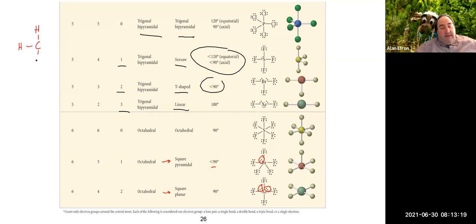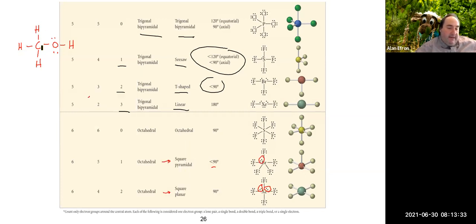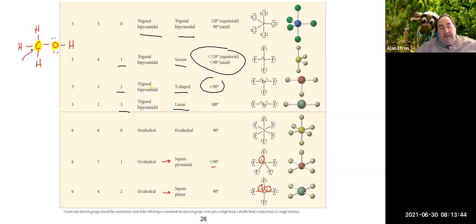So if we draw something like this, this particular molecule here, which is methanol, an organic molecule, we actually have two different central atoms. We have the carbon and we have the oxygen. These are both really central atoms.